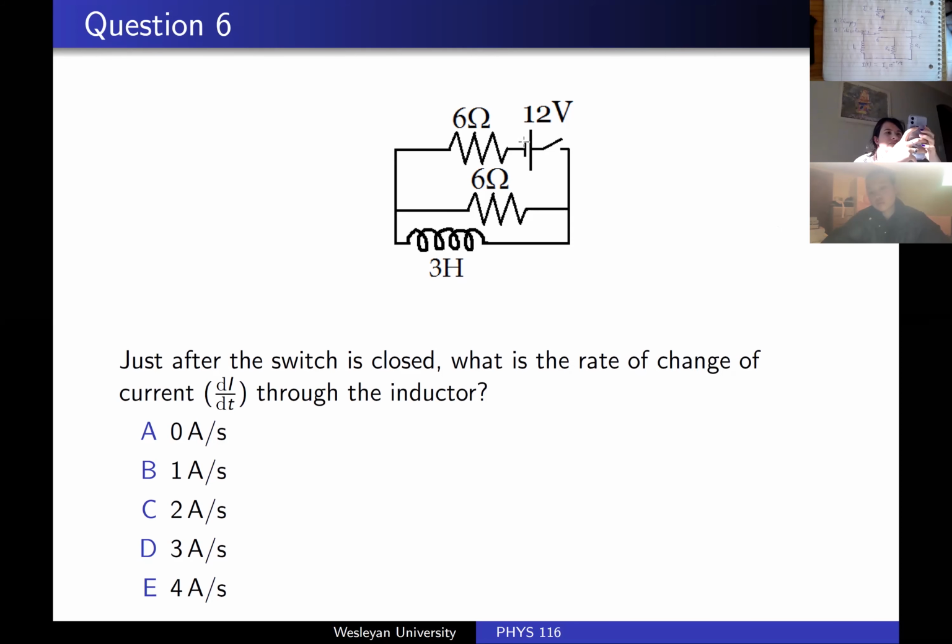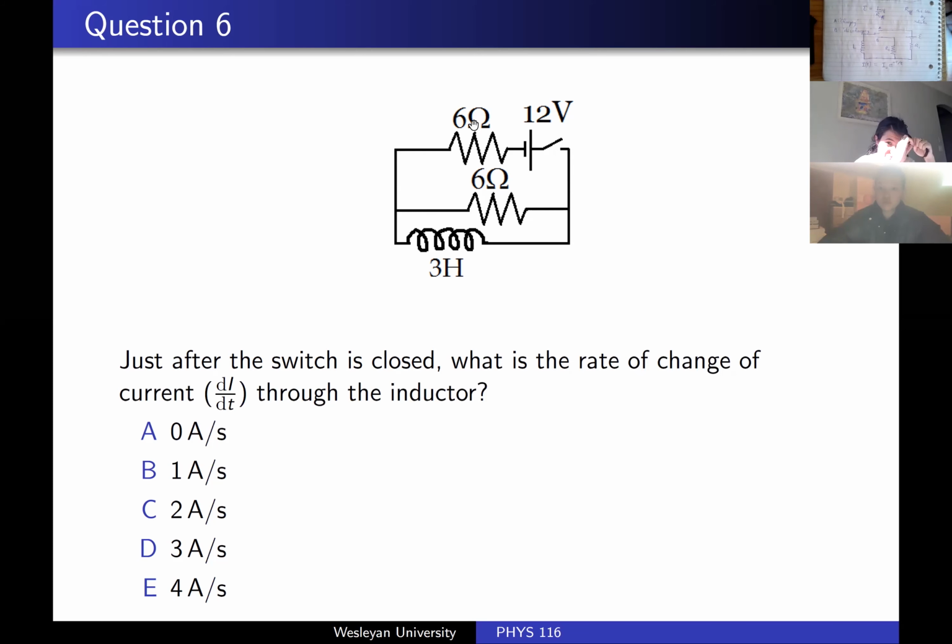We've already established that there is 1 ampere of current running through here, right? So if I do a loop rule, I can either do this outer loop or this small loop over here. If I do the outer loop, I get plus 12 minus L di/dt minus 6 times 1, because 6 ohms, 1 amp current, is equal to 0.